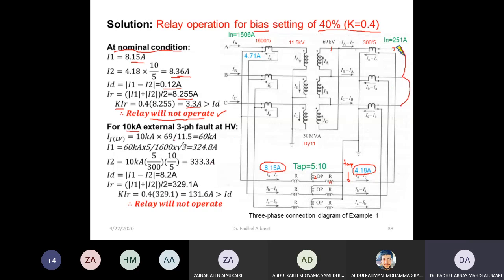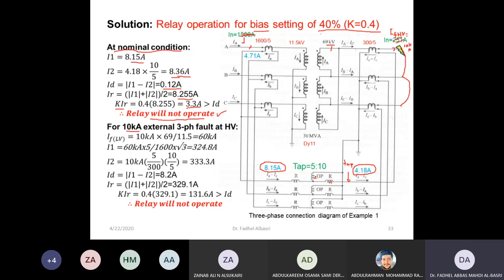Let's test it. Now, the fault at the LV side, this is the nominal current. So I fault at the HV side. This is the HV. So normally the HV side fault current is equal to 10K, right? Kiloampere. And I want to find, this is I nominal, I don't want it.